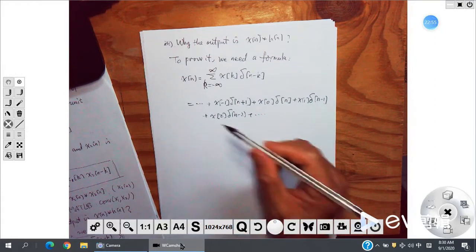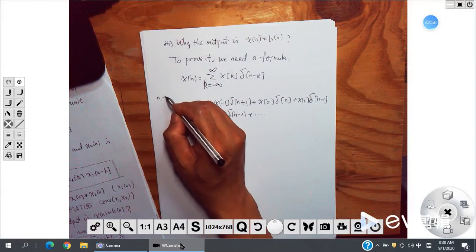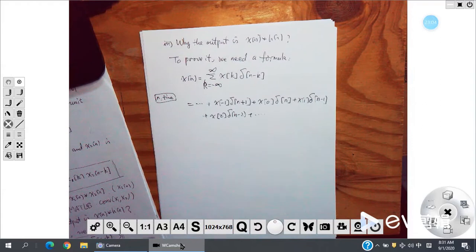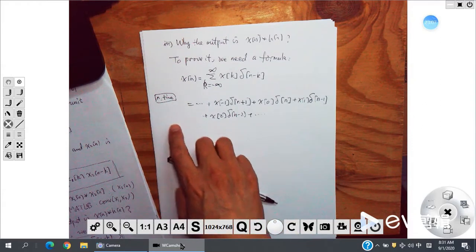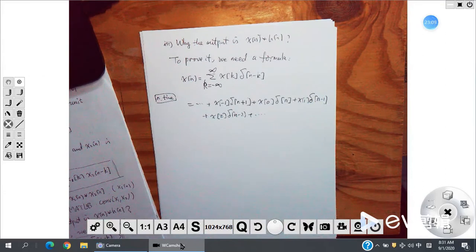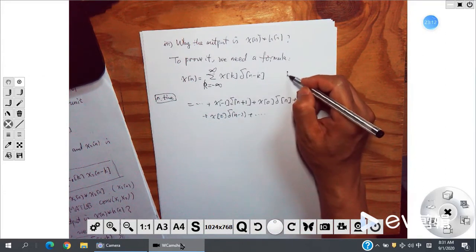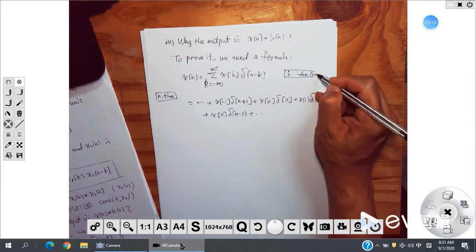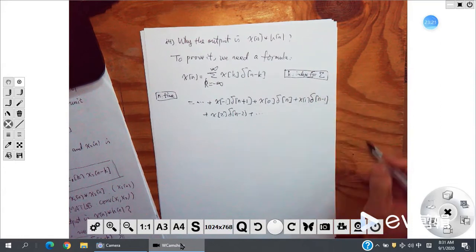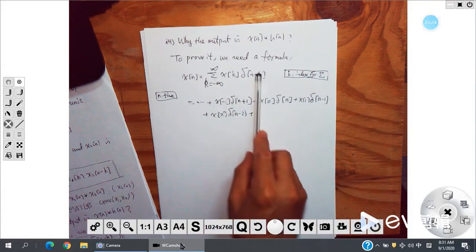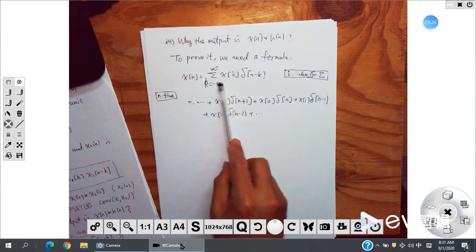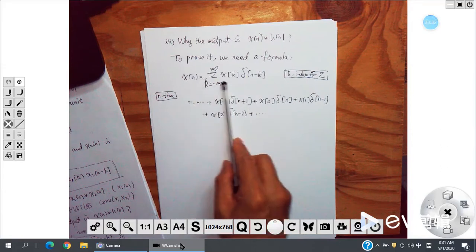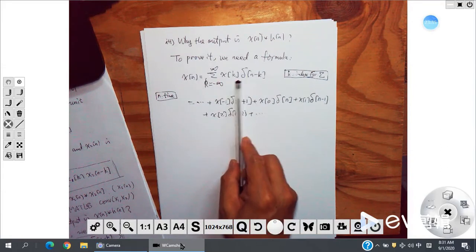Here n is the time, the variable for time. Of course, for the discrete time case, n must be an integer: 0, 1, 2, 3, 4. And k is an index for the summation. When you write a summation this way, you know how many terms you use and what kind of term. Each term is x of k times delta of n minus k.